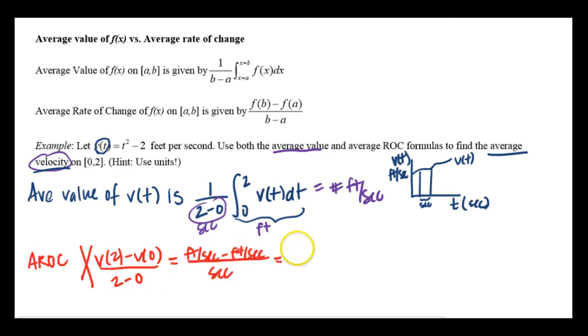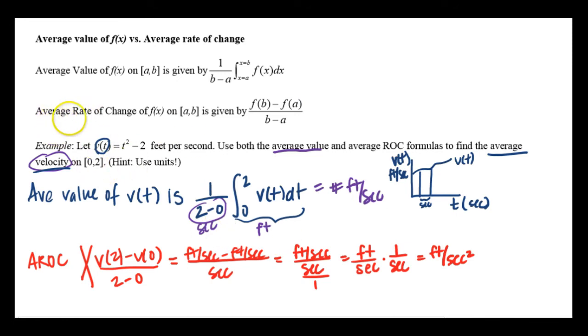So the top is feet per second and the bottom is in seconds. So this is going to be feet per second times, this is like seconds over 1. So 1 over seconds, I'm going to get feet per second squared. This is an acceleration. So this is not the average rate of change formula I'm setting up.